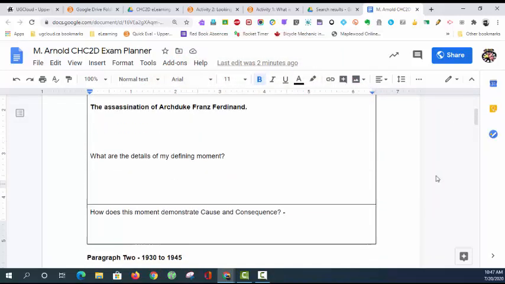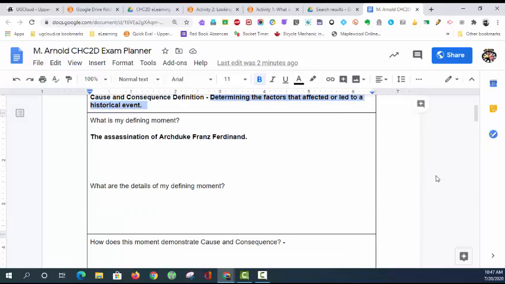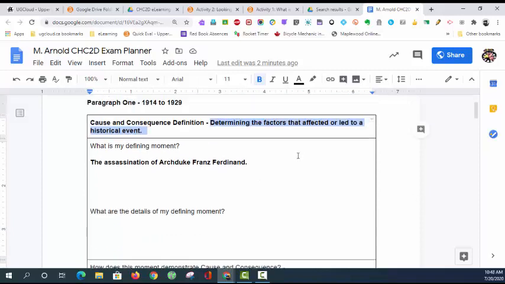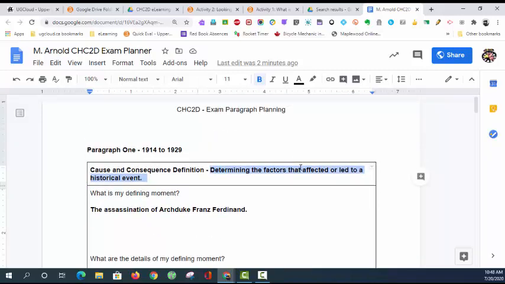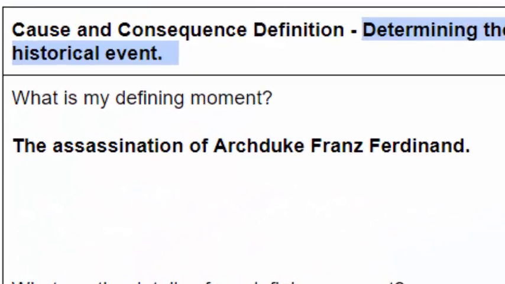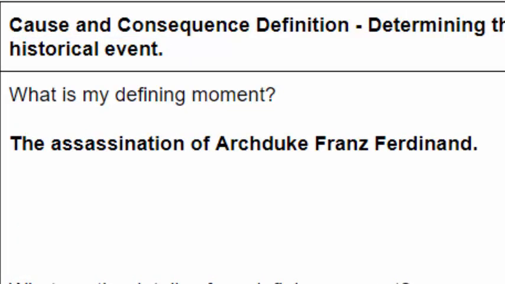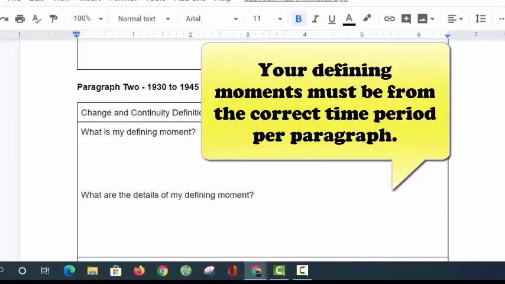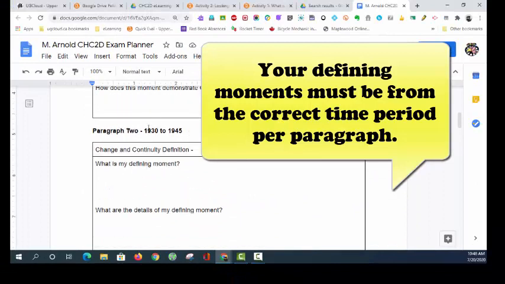Excellent. Now that we're back, the next step for you is to pick a defining moment from each time period. So paragraph 1 looks at the time period of 1914 to 1929. Paragraph 2 looks at the time period of 1930 to 1945.